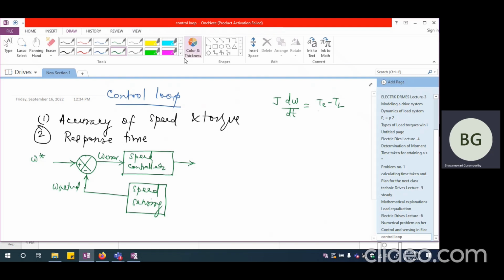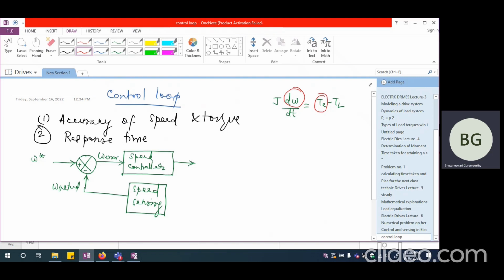So if I try to develop a larger amount of electromagnetic torque, then I will have a particular d omega by dt. So within a particular duration, this particular error in speed, the gap can be bridged. The error can be bridged. So you will ultimately reach the required speed.